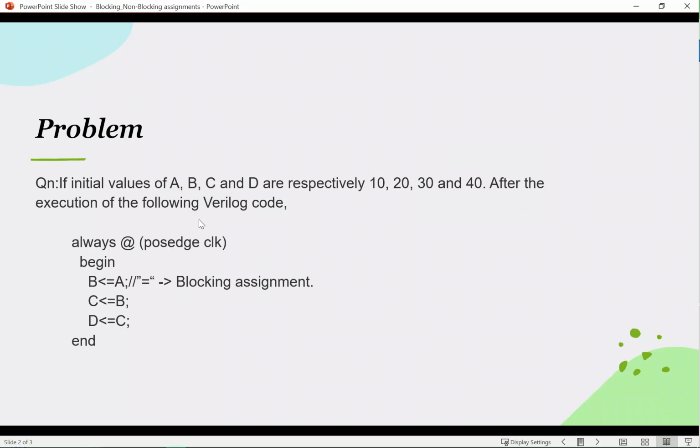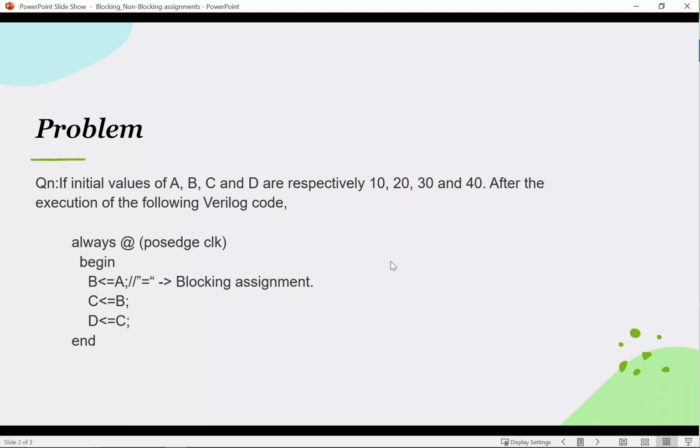Let me go to my presentation again. So here equal to is called blocking, and the less than symbol and equal to are considered non-blocking. So what is happening here? B is initially 20, but at the passage, as this is non-blocking, immediately it will pass the value, right? So that is where the thing is.